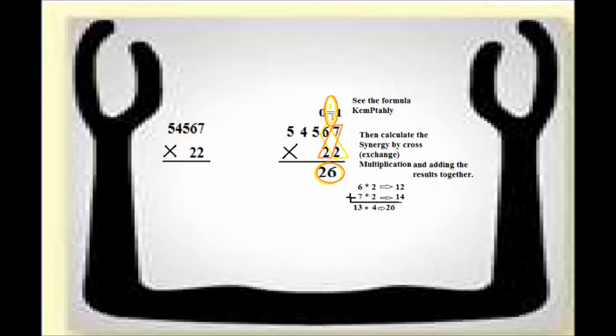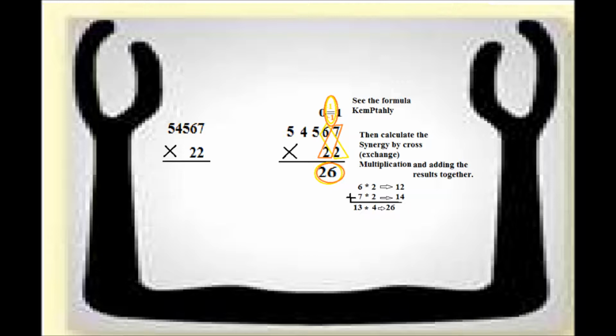Just like this problem, 54,567 multiplied with 22. When we multiply with 22, what we do first is look at it KemPTah Doubling. We cross multiply, so we could get the middle.